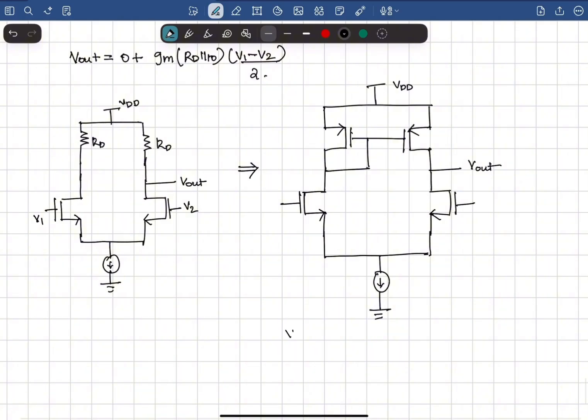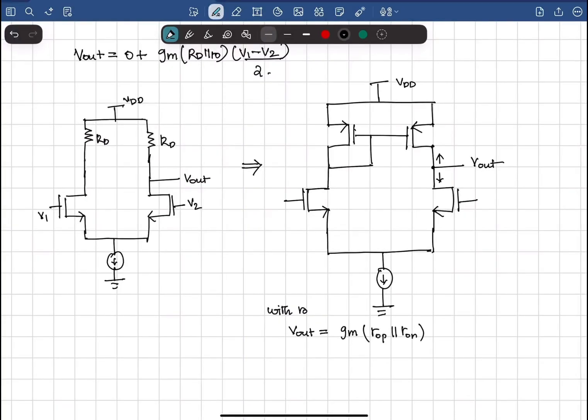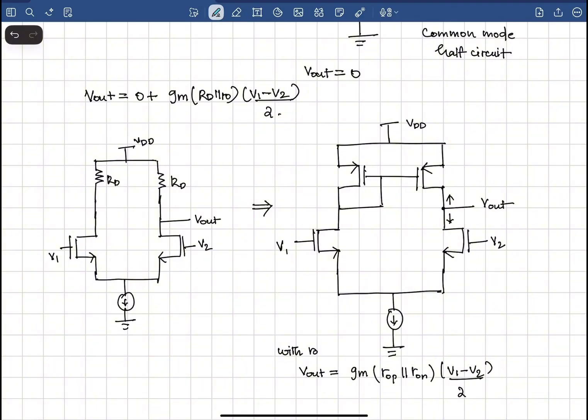And the small signal output voltage V out for this circuit, considering R naught, would be GM, and the total resistance seen at this point. So these two resistors, it would be R naught P parallel to R naught N, into V1 minus V2 divided by 2. This is V1 and this is V2. And this is the classic 5 transistor OTA.